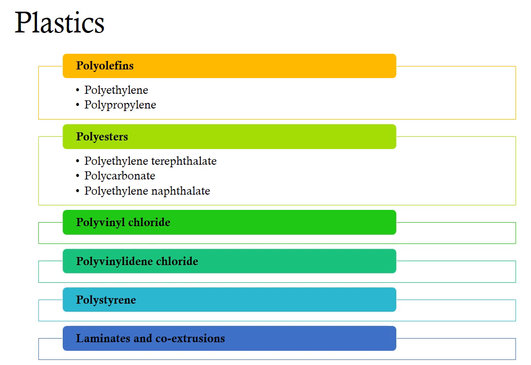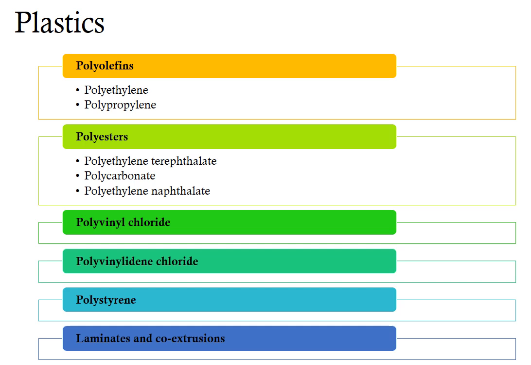The next packaging material is plastic. It is most commonly used and is replacing the traditional packaging materials like glass and metal. There are various types of plastic available for packaging of food products.